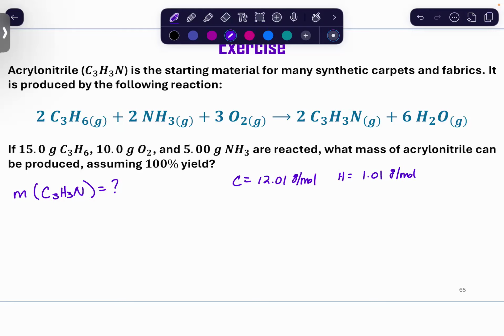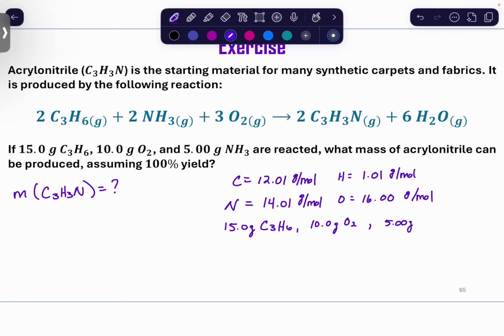If you forgot where I was getting these, they are masses from the periodic table. And for this, we round oxygen to 16. But we also want to make sure we realize that we have 15.0 grams of propene, 10 grams of O2, 5 grams of NH3.